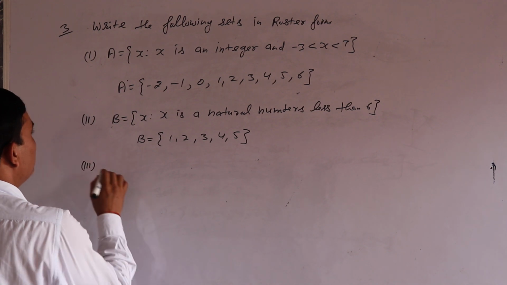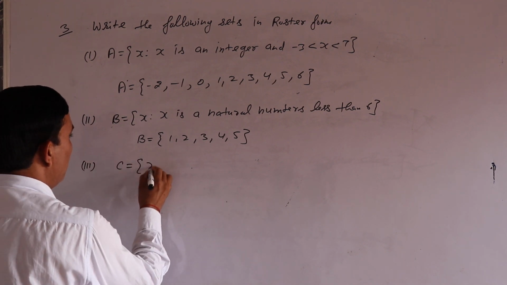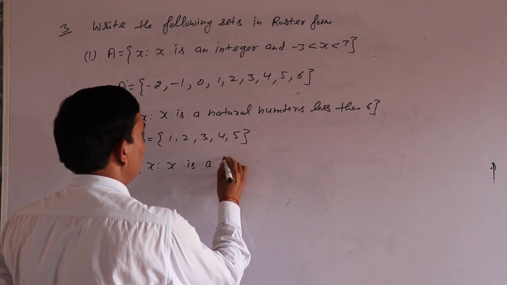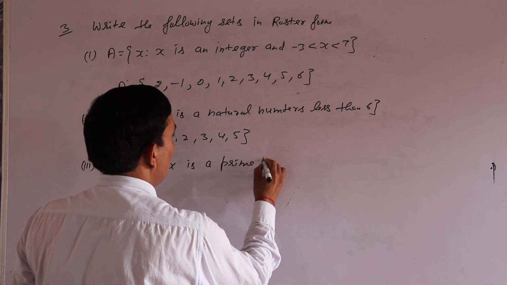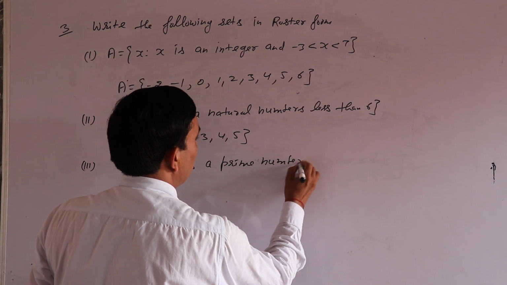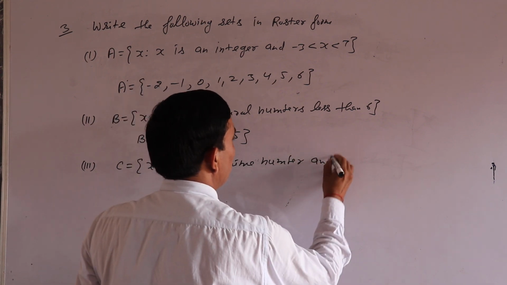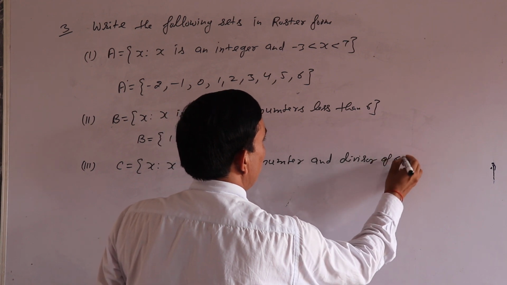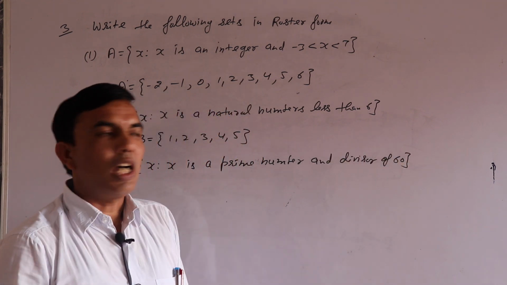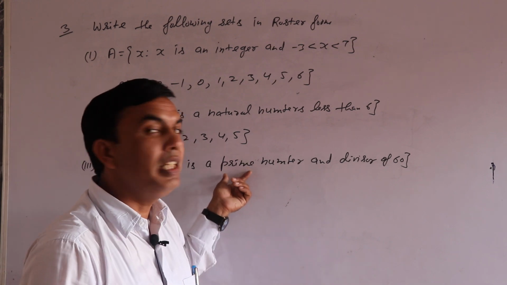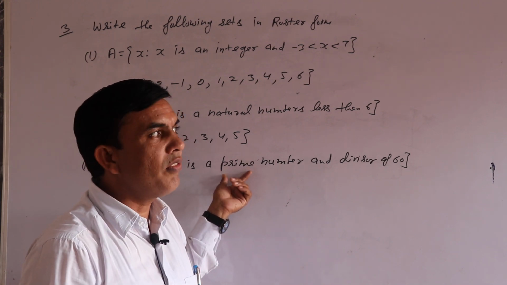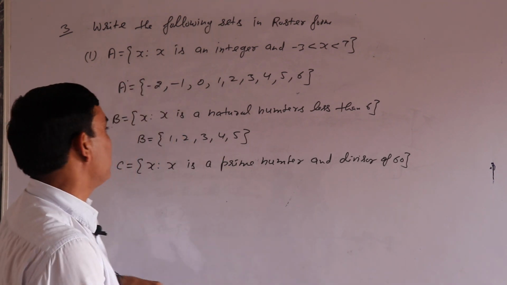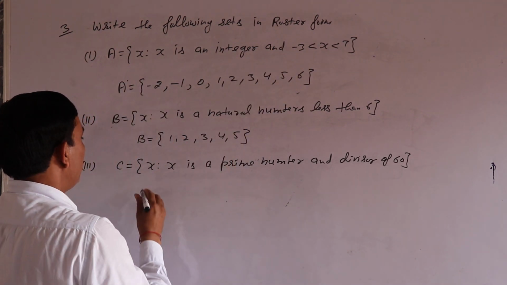Next question is the set C equals {x such that x is a prime number and divisor of 60}. So now students, first, what is a prime number? A number which is divisible by 1 and itself is a prime number, and also a divisor of 60.